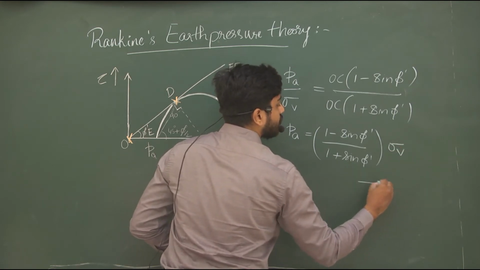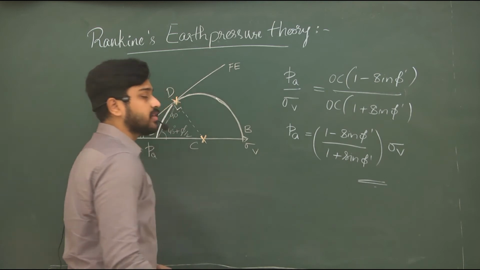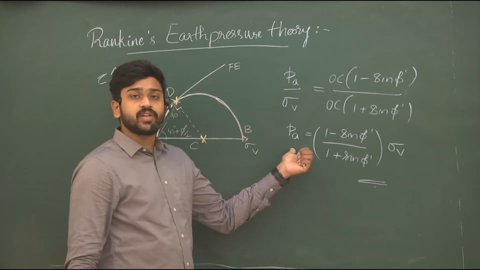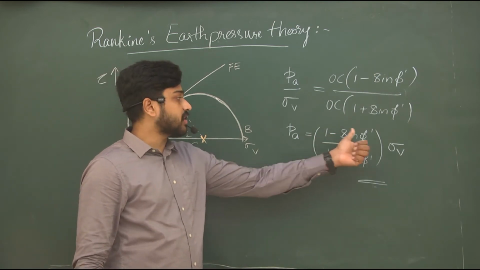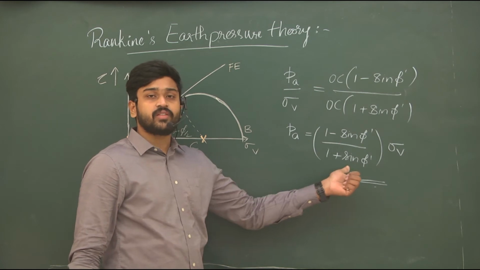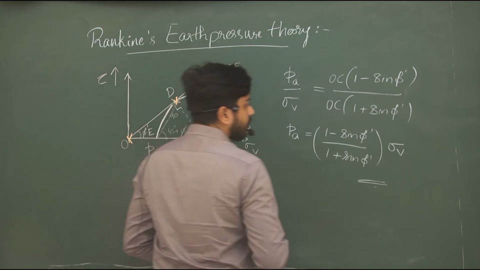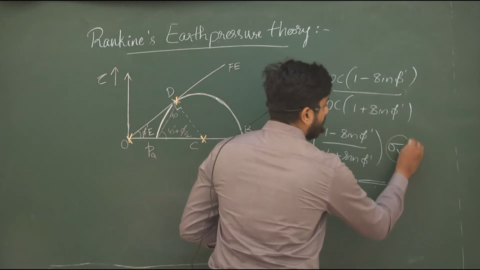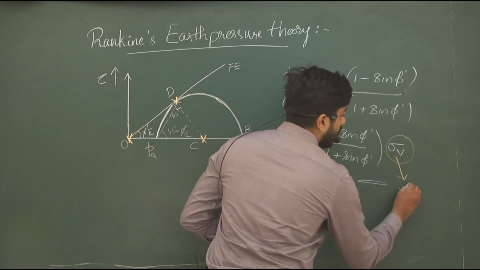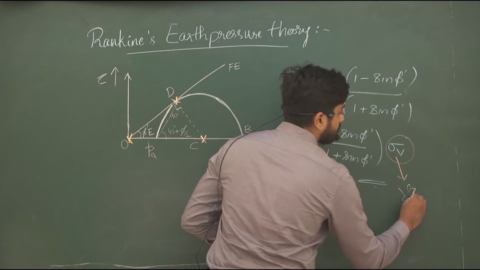So this is my final expression for passive earth pressure, that is 1 minus sin phi dash by 1 plus sin phi dash into sigma v. So here sigma v is nothing but gamma into depth z.